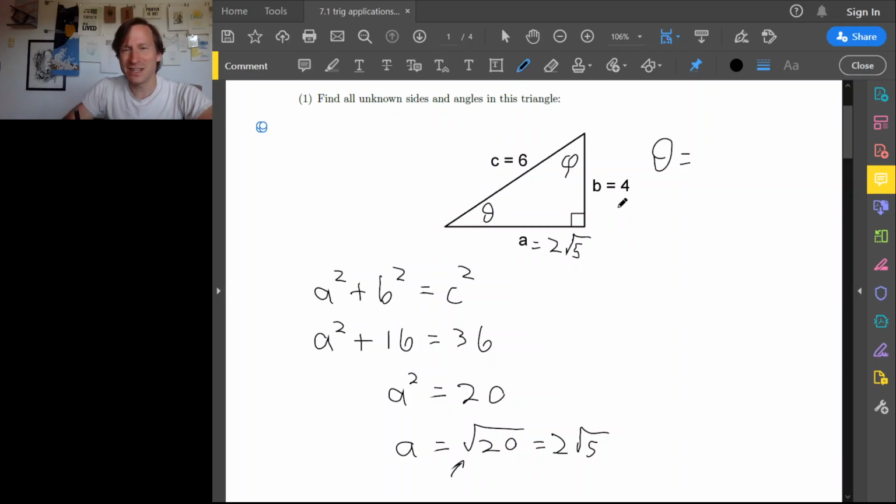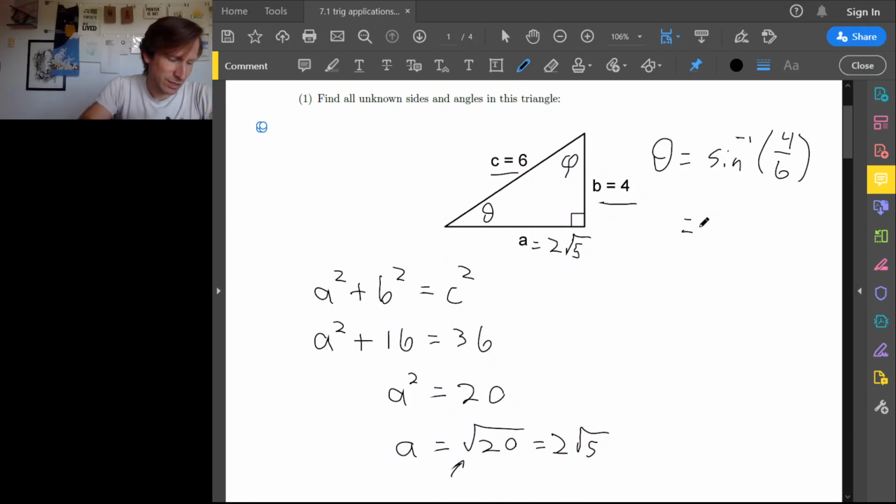I think it would be a little bit easier to use the b and c sides just because they're whole numbers. So that's opposite and hypotenuse for the angle theta. So we need inverse sine. So inverse sine of 4 over 6, or inverse sine of 2/3. Let me put myself in degree mode on my calculator.